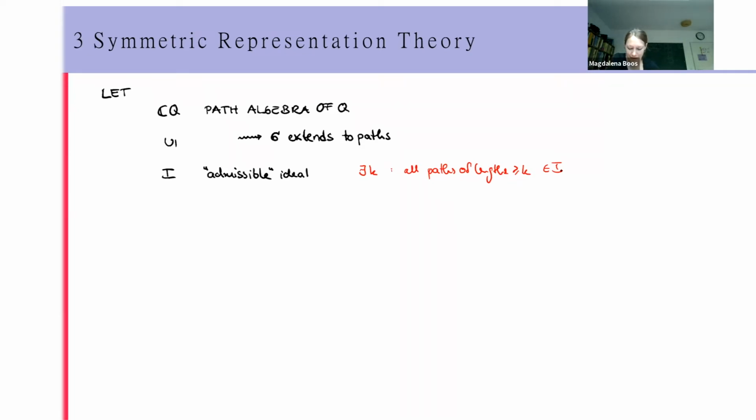That's the idea. Is that clear with the admissible?